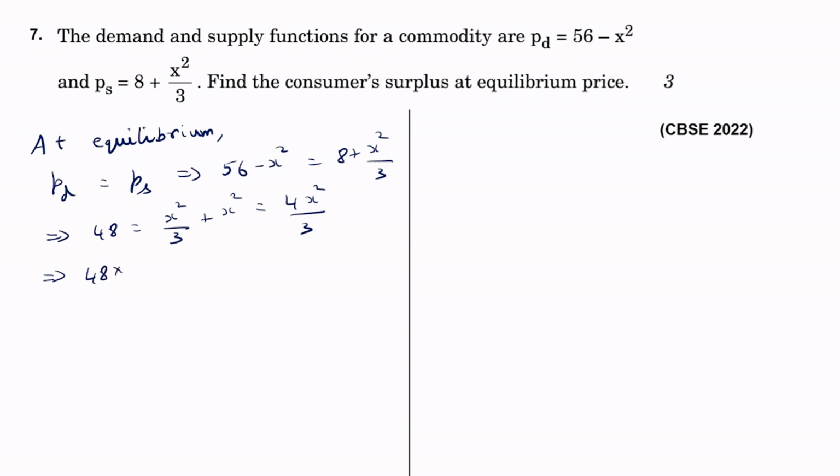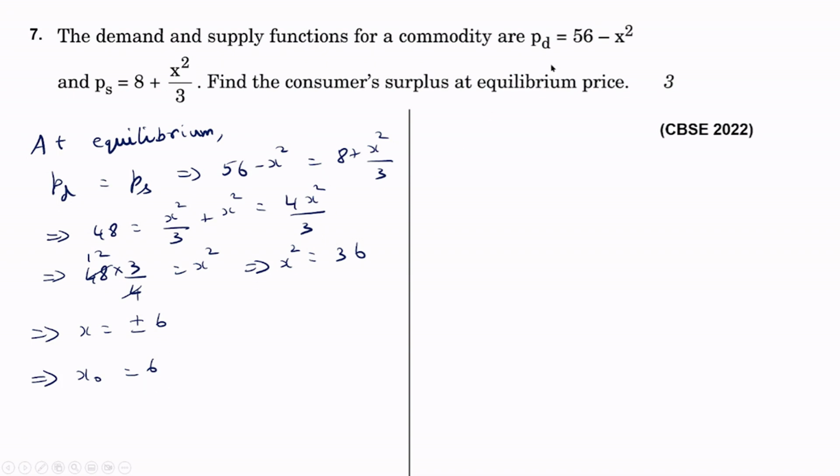So 48 into 3 by 4 equal to x square. So from this we get x square equal to 36, or x is equal to plus or minus 6. Since we cannot have the level of output as negative, therefore we get x naught as 6. So the equilibrium quantity is 6.